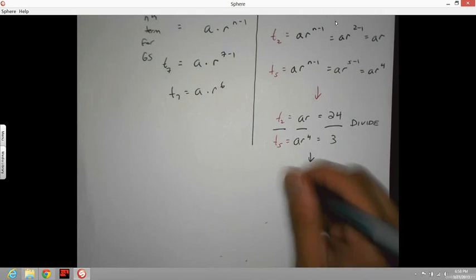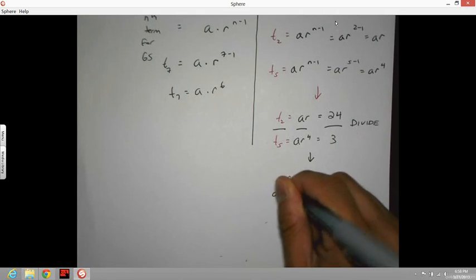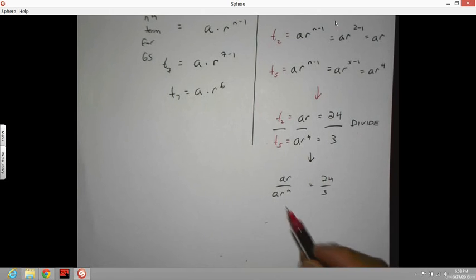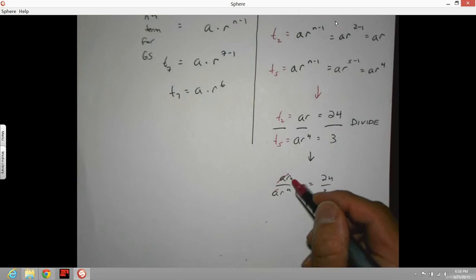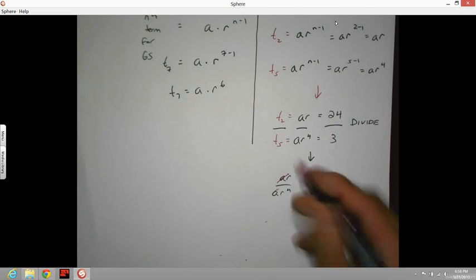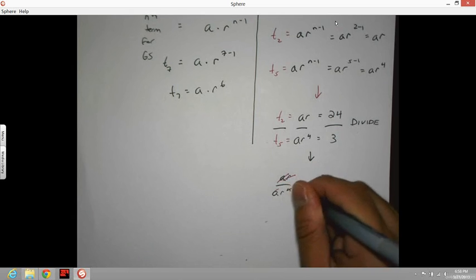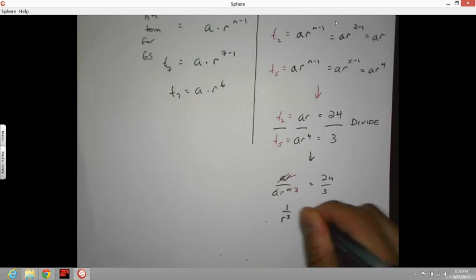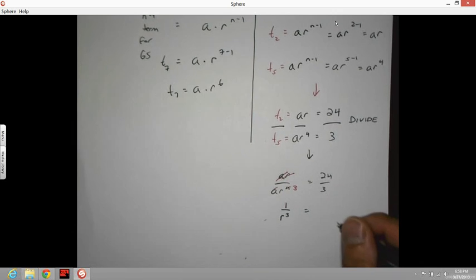I have AR over AR to the 4th power, and I have 24 over 3. Can I start canceling out some of these terms? These A's are gone, right? And if I have one R on top and 4 R's down here, this one cancels, and this becomes an exponent. You end up having 1 over R cubed equals 24 over 3, right?